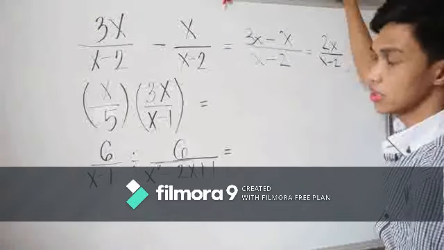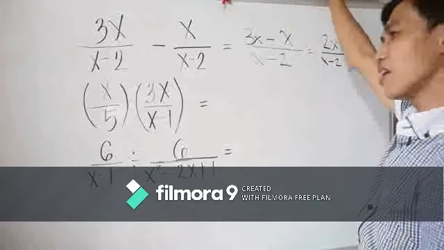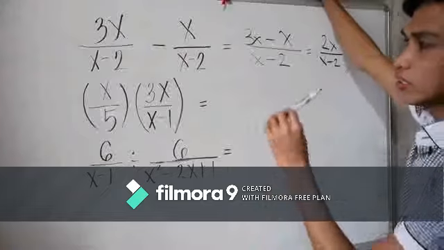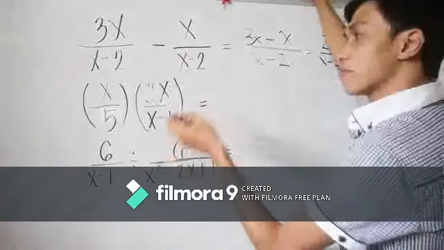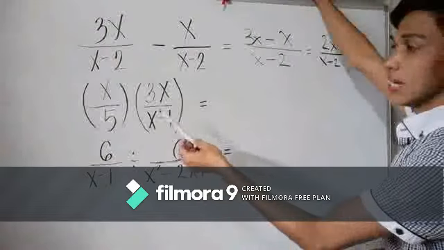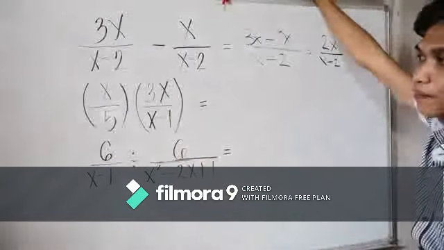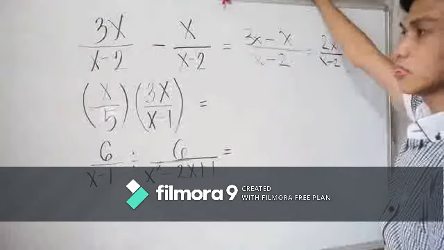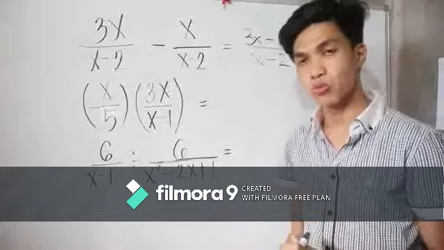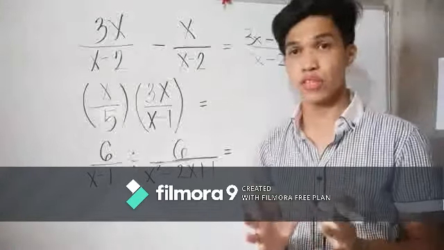The second one. We have here the quantity x over 5 times the quantity 3x over x minus 1. Let's multiply the two fractions.